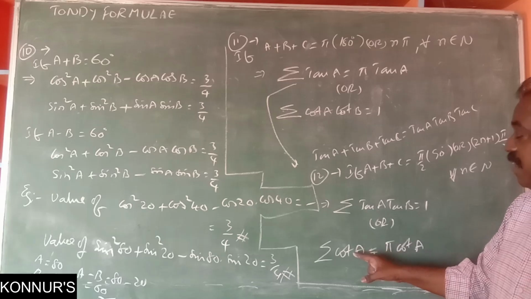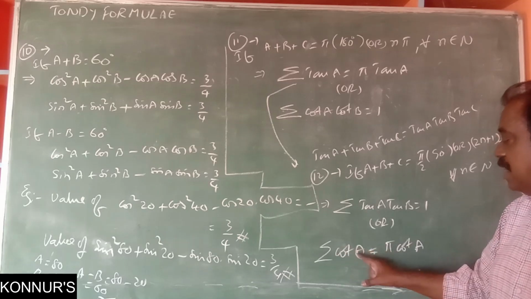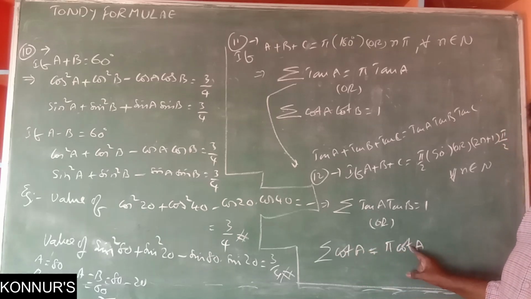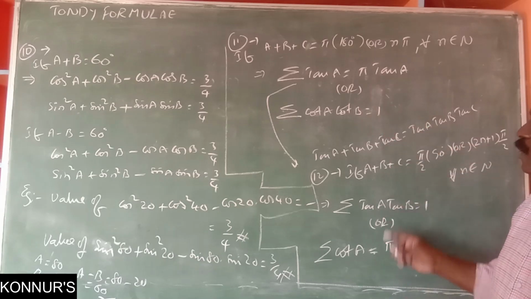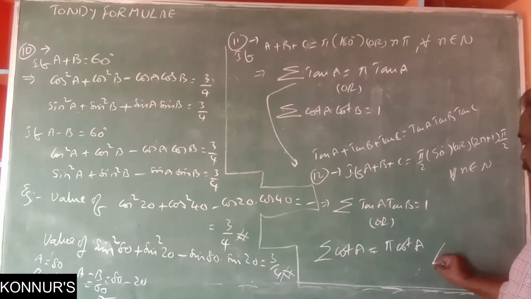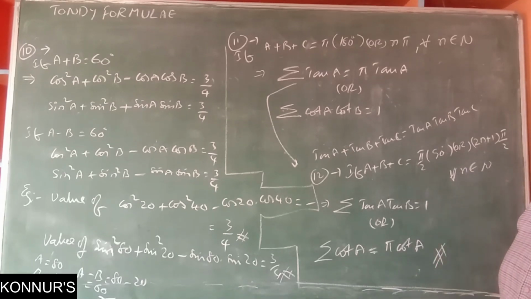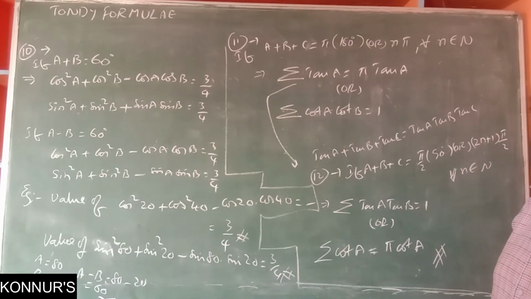Here it is sigma cot A is equal to pi cot A. It is just reversed. Okay now? It is an important formula. Okay now? Pass.